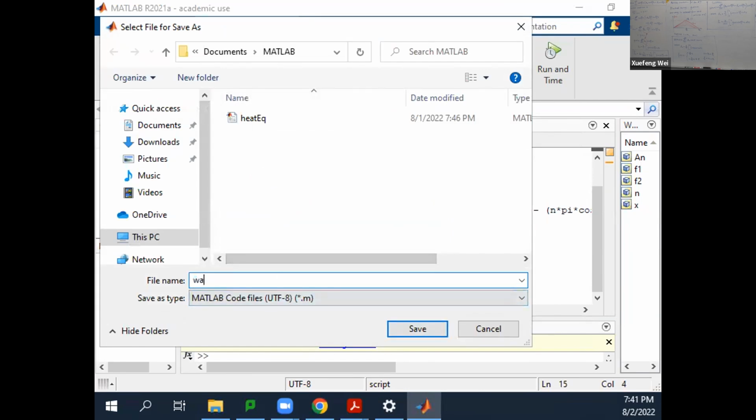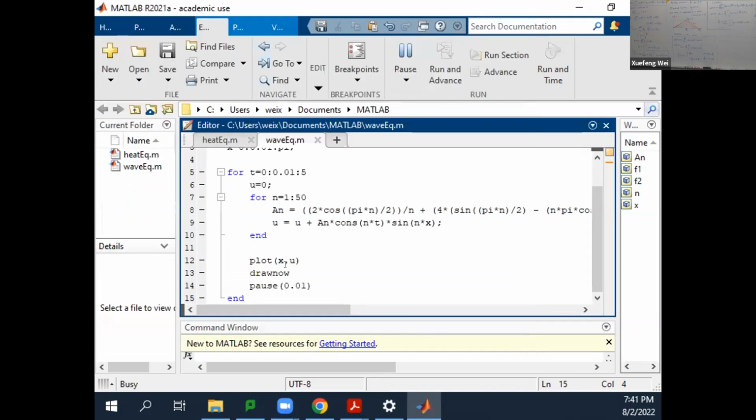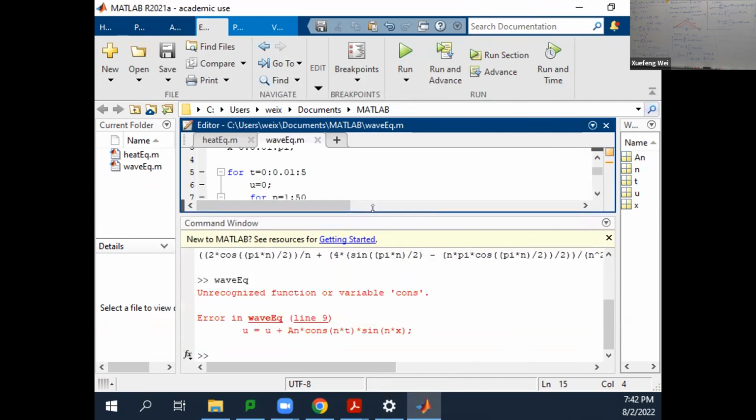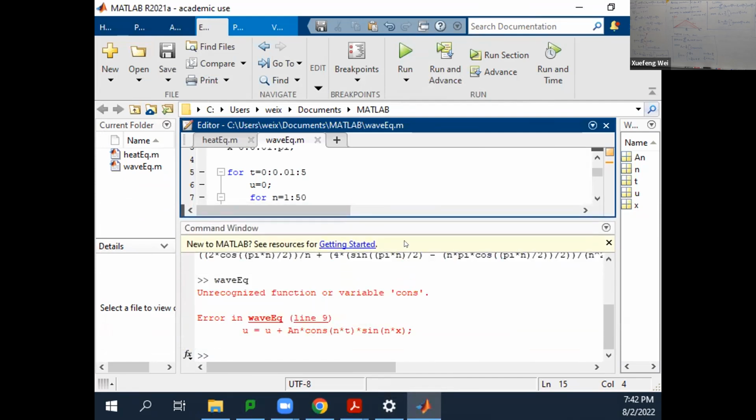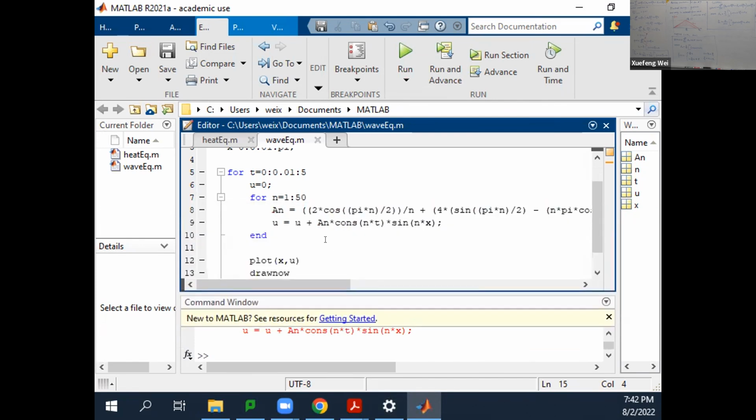I call it wave equation. Where's my plot? I think I have a problem here. Oh, cosine, I spelled it wrong. Cosine.